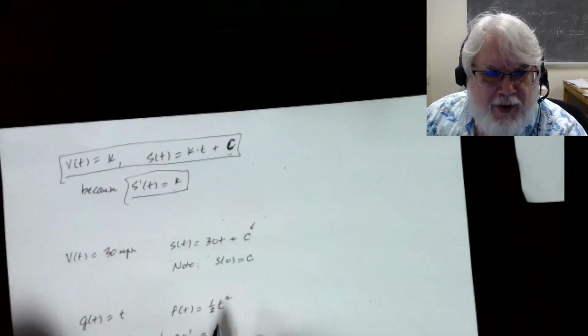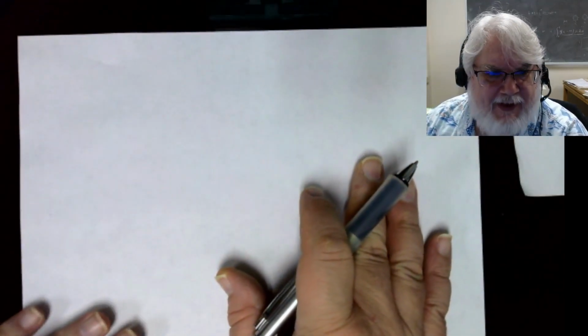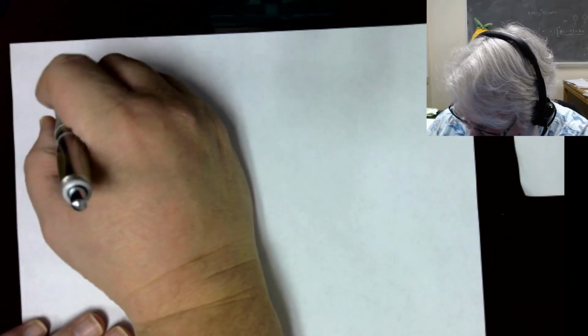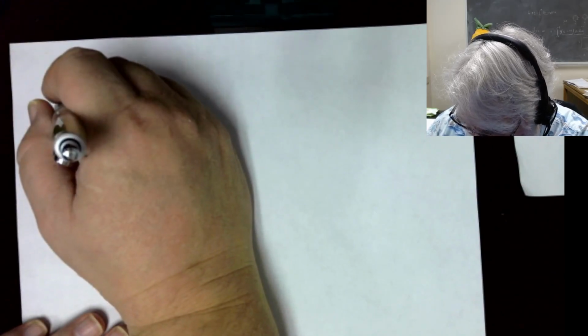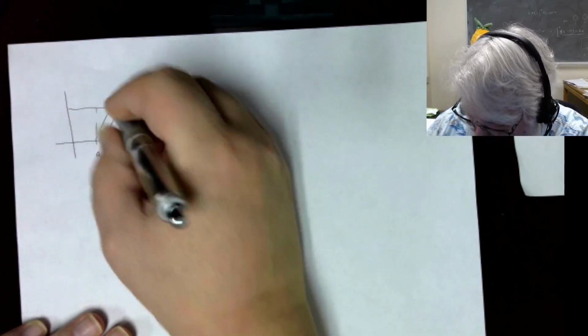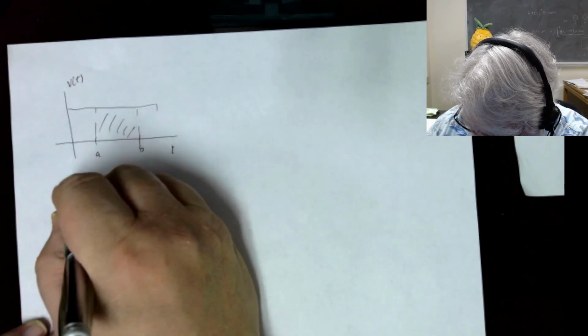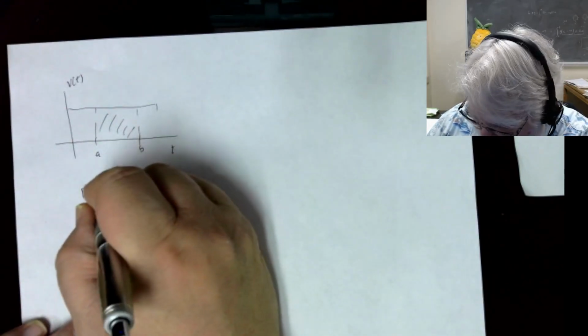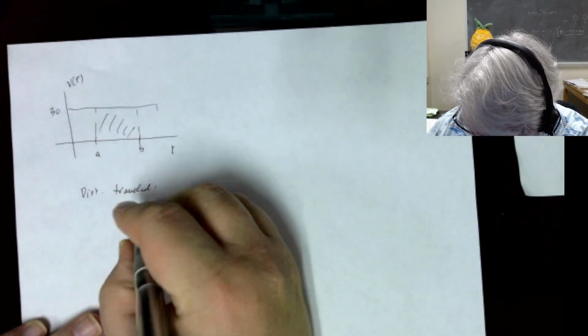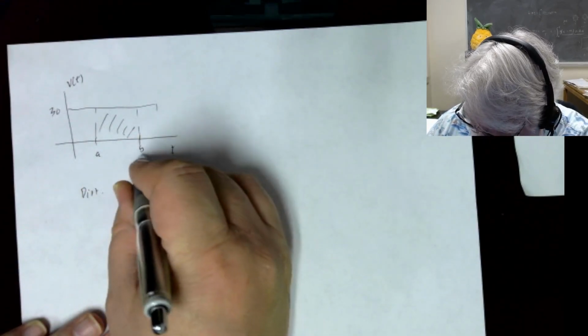Good. Now, why am I bringing up antiderivatives? In that example, we were seeing that if you're looking at the velocity function from time A to time B, we know that the distance traveled, assuming our function is positive for now, will be our constant, 30, times the length of this interval, which would be b minus a.